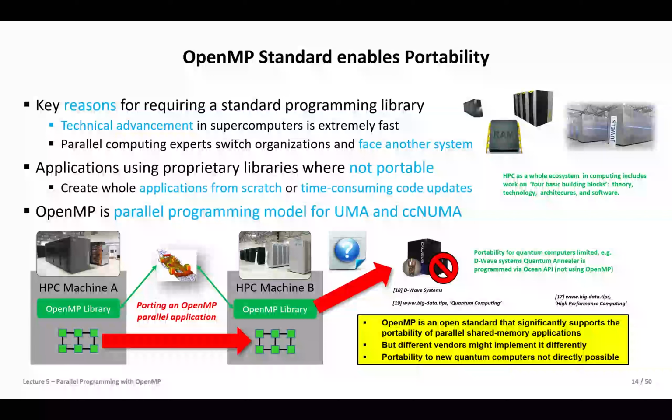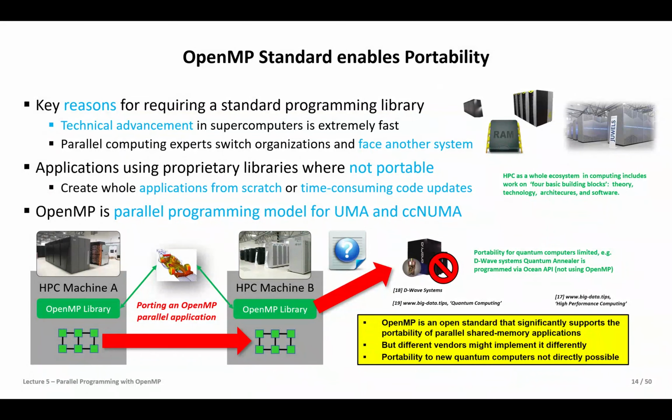So you have different technologies, different numbers of CPU cores, GPUs, and so on available. However, the beauty of this OpenMP standard, very similar to MPI, is that you can assume that when you have another HPC machine and it has an implementation of OpenMP, it will run. There might be some smaller modifications to this.